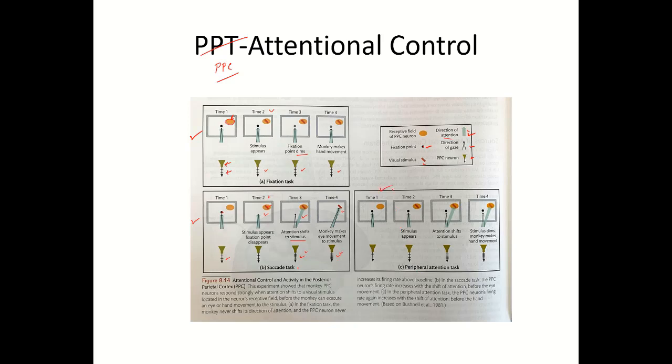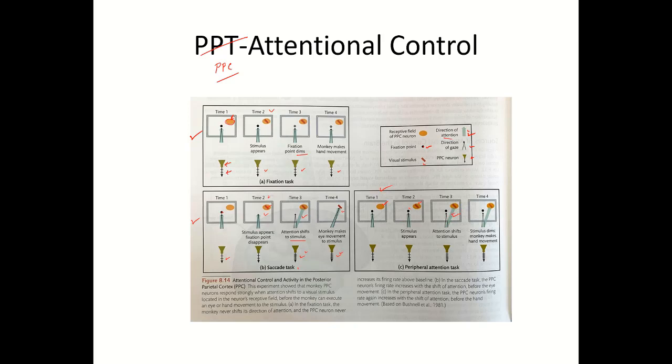And in this box here, first two steps are the same. The monkey fixated, receptive field is here, target appeared inside the receptive field, the monkey still continued fixating, okay. Then a target appeared, so the monkey shifted the attention, or changed the attention, right, from the fixation to the target.